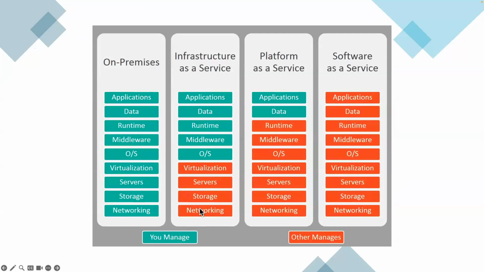You are getting network, storage, servers, and virtualization, as a service, which means you don't need to manage these areas. The orange color area, you don't have to manage it. In the traditional concept, you need to manage everything, but here you don't need to manage from networking to virtualization.